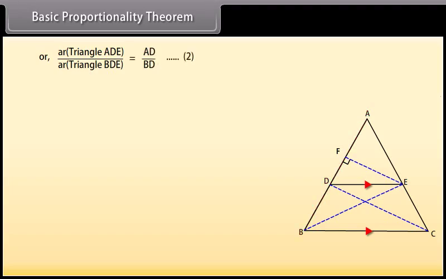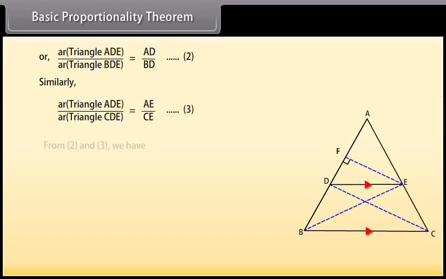Mark it as 2. Similarly, the area of triangle ADE/area of triangle CDE is AE/EC. Mark it as 3. From 2 and 3 we have AD/BD = AE/EC, hence proved.